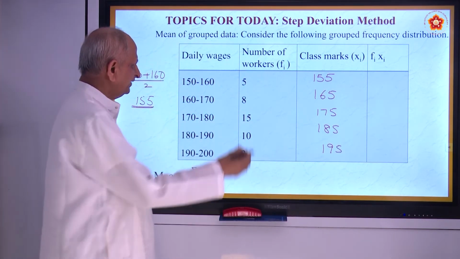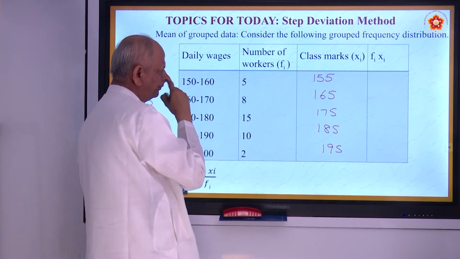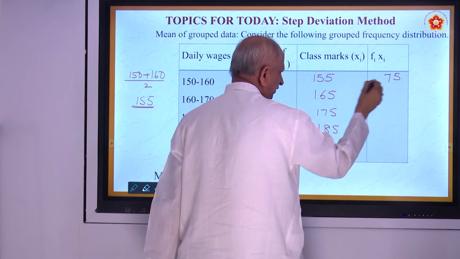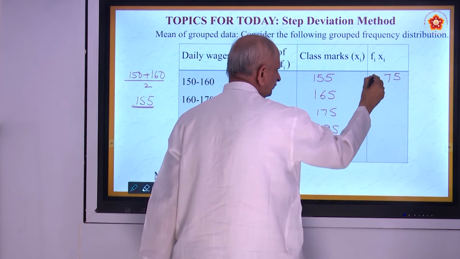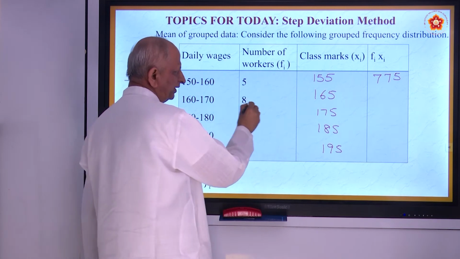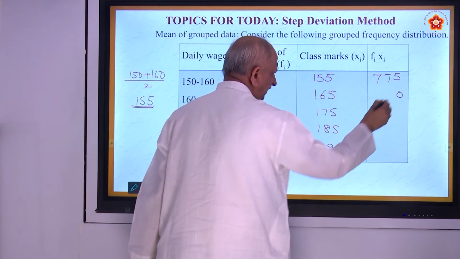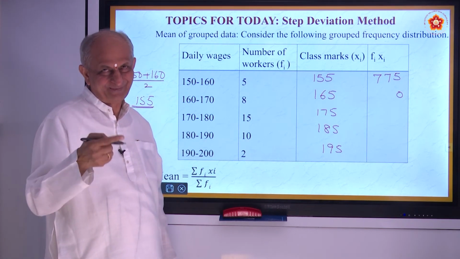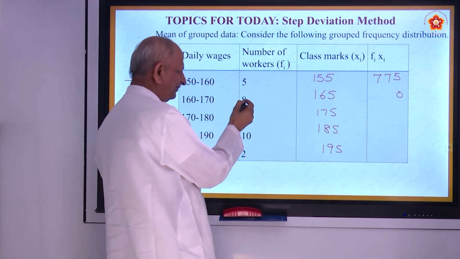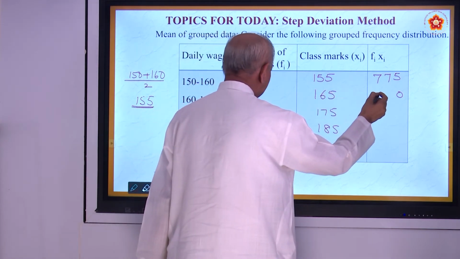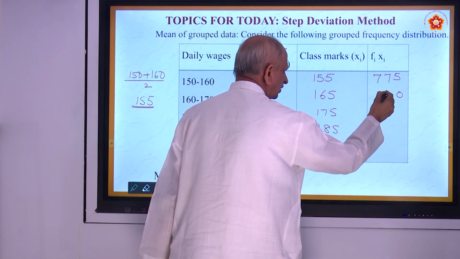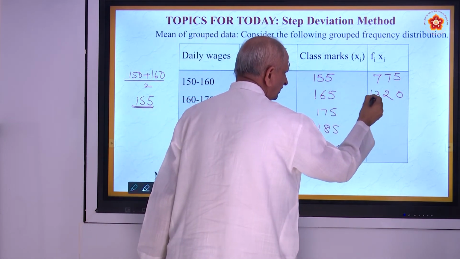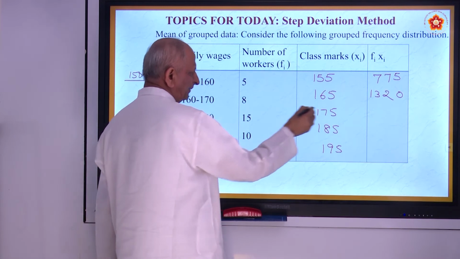Now multiply these two, fi into xi. 5 5s are 25, 25 plus 2, 775, 8 5s are 40. Are you taking down? Yes, then and there you must take. Be fast. Okay. 1,320. Multiply this.